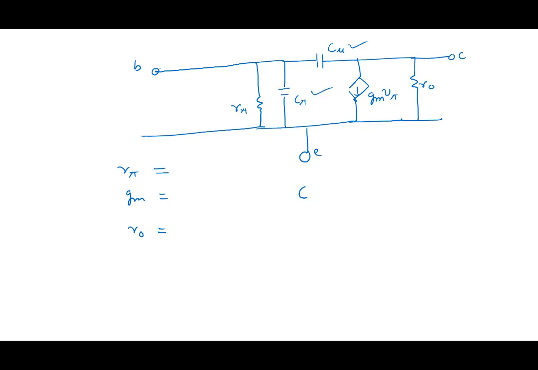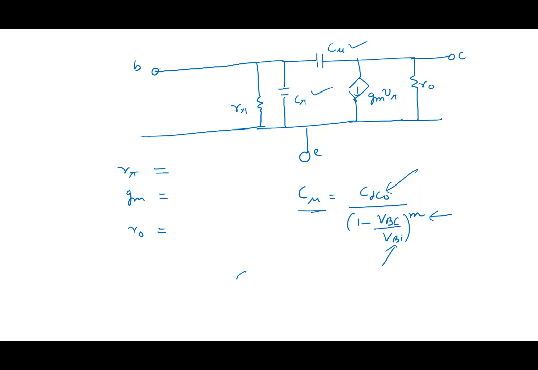So C mu will be given by an expression like this, CJC0, because it's collector junction capacitance, 1 minus collector base voltage divided by some VBI, to the power M. So if these values M, VBI, CJC0 are given, and collector base voltage you know, you will be able to calculate C mu.